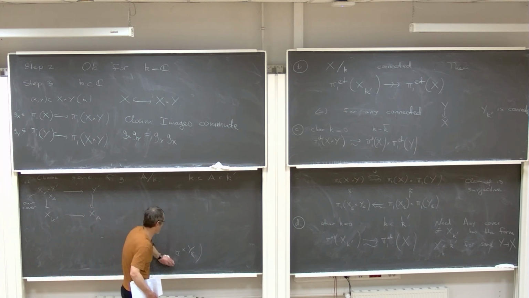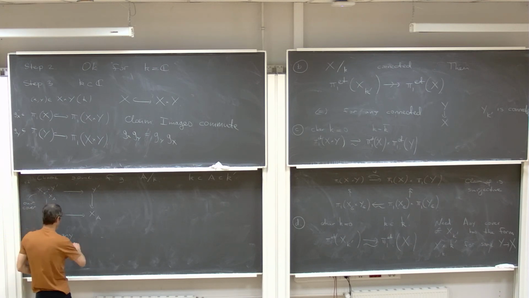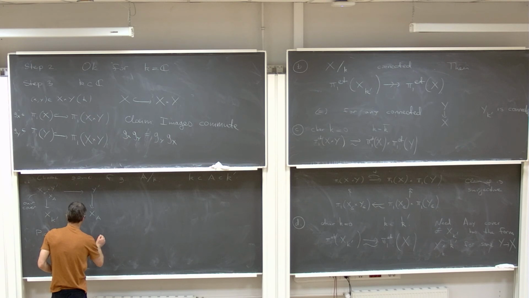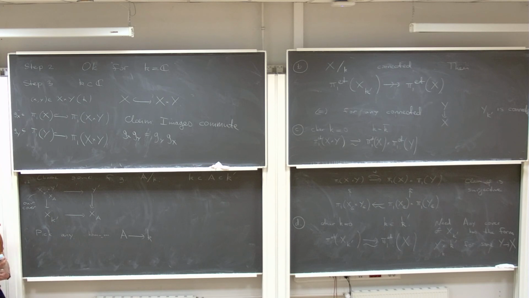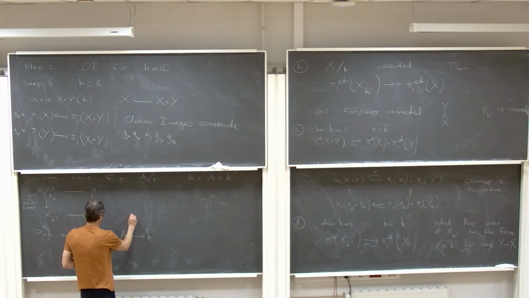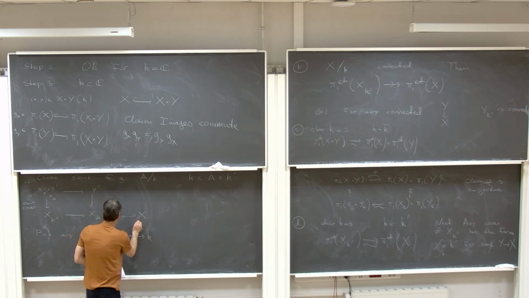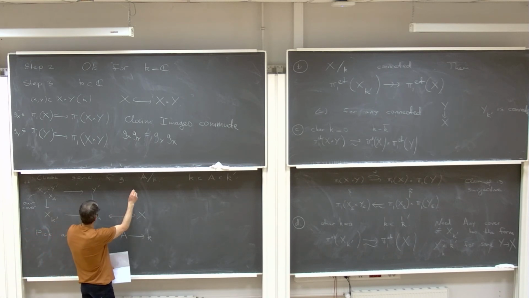Now, pick any K point, any homomorphism from A to K. So any K point of spec A. Then this gives me a map from spec K to spec A, and I can just take the base change.